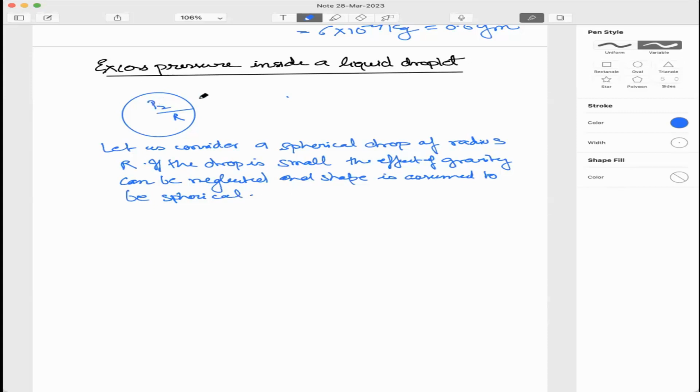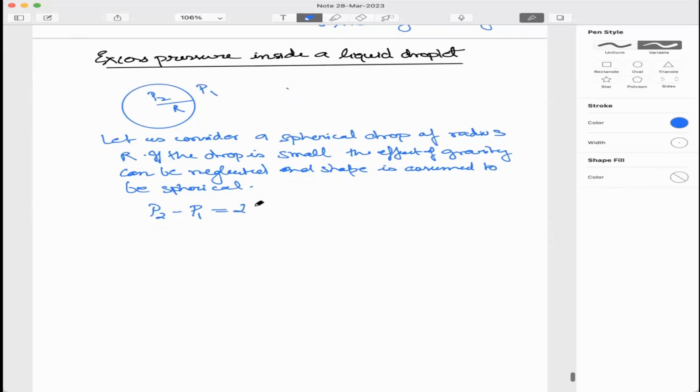So if it is P2, if it is P1, then P2 minus P1 comes out to be 2T by R. So we can derive this.